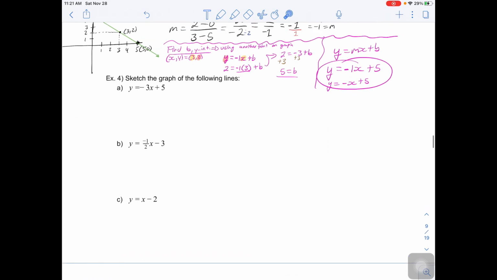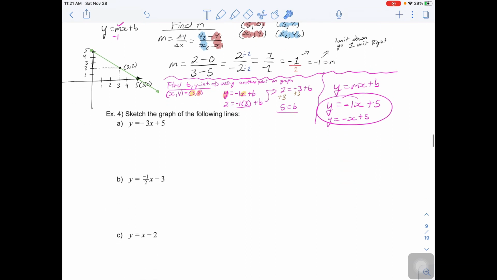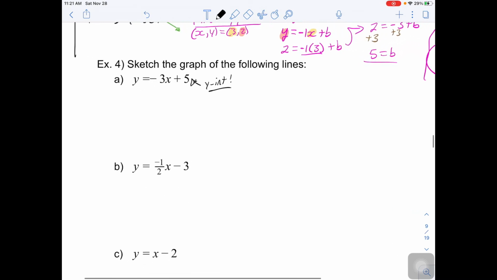So now we've been able to create graphs given information. Can we be given an equation and sketch the graph of that thing? Well, we absolutely should. It's always important to start with your y-intercept. That's the easiest kind of thing to do here.